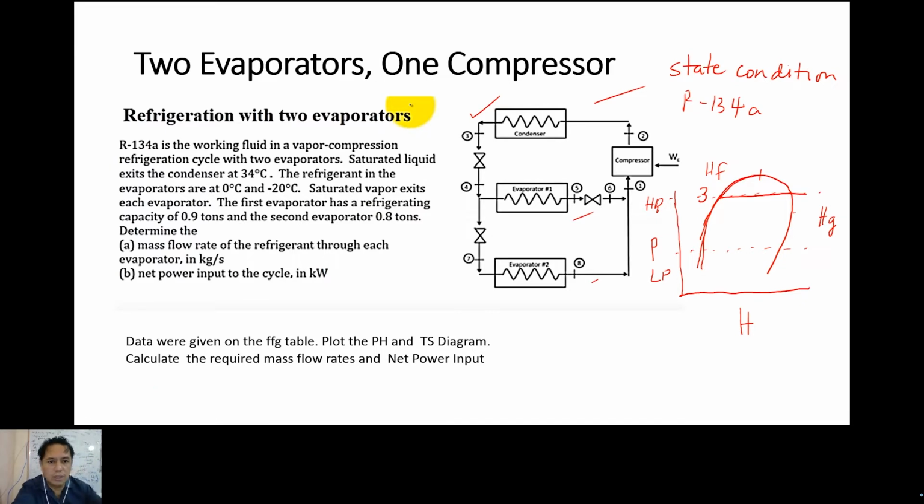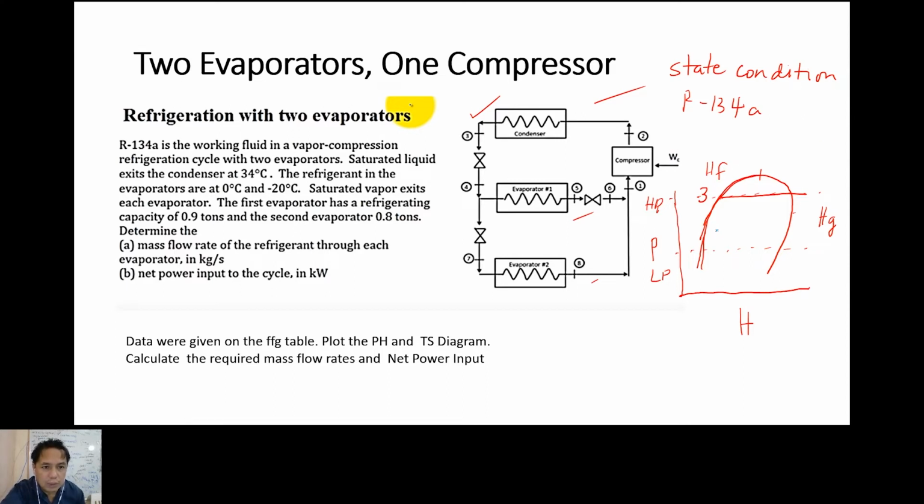The evaporators are two units, and the problem gave us a hint. One is 0, one is negative 20. Which is higher, 0 or negative 20? 0.